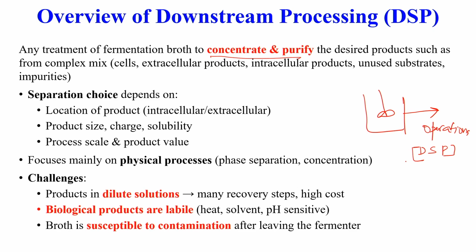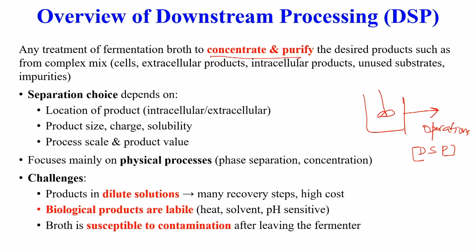You can name any product, starting with, let us say, antibiotics. It can be ethanol, it can be an acid, even it can be monoclonal antibodies. In all the cases you need to recover, concentrate, and purify the product.